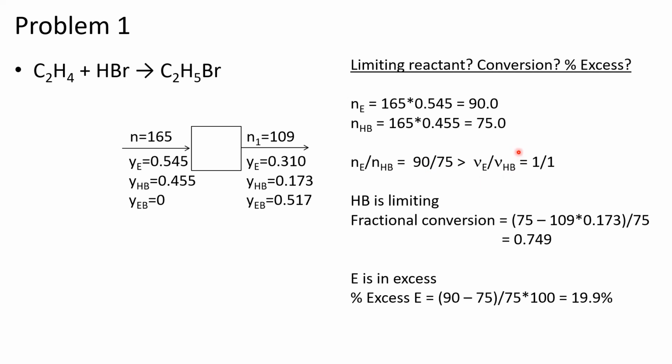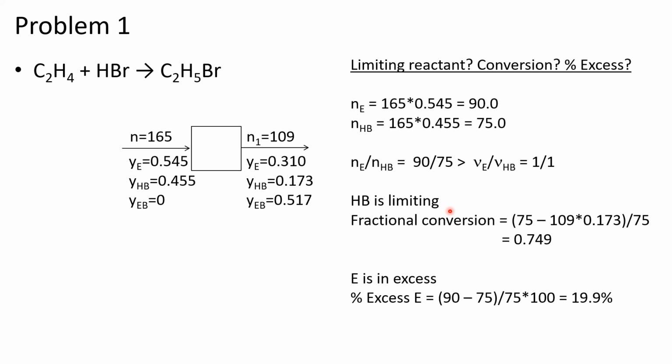The stoichiometric coefficient for ethylene is 1, and for hydrogen bromide it is 1, so that ratio is 1. It's pretty clear that 90 is greater than 75, so the flow ratio is greater than 1. Since it's greater than the ratio of the stoichiometric coefficients, ethylene is in excess and hydrogen bromide is limiting.